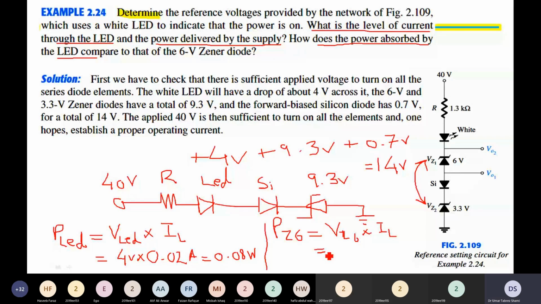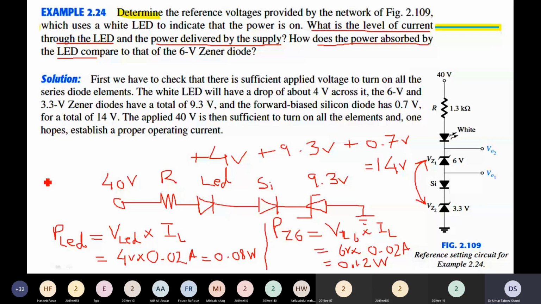This is equal to 6 volts multiplied by 0.02 amperes, and this gives us 0.12 watts.